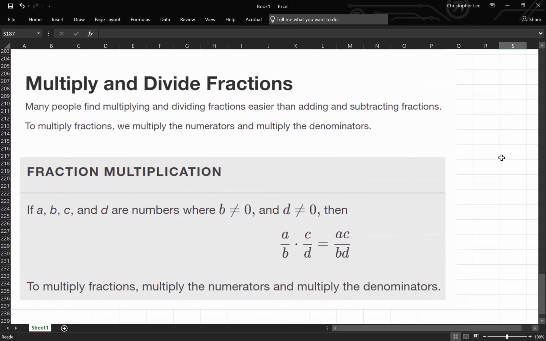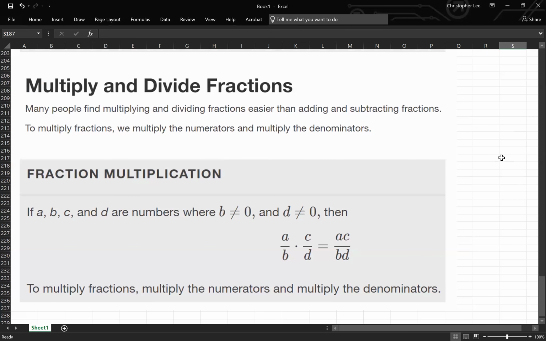So this is fraction multiplication. If A, B, C, and D are numbers, where B cannot equal 0 and D cannot equal 0, then A over B times C over D is equal to A times C over B times D, right? So long story short, how do we multiply fractions? Just multiply straight across.